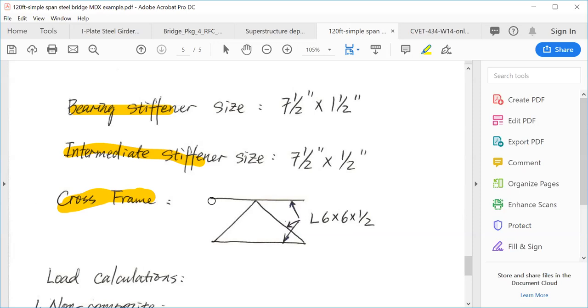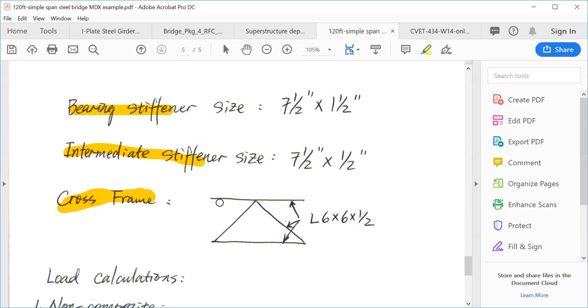In order to do that, this intermediate stiffener provides something like a gusset plate for the connection. So that's why the intermediate stiffener and cross frame need to have the same spacing and the same location. This stiffener is used as a gusset plate to connect the cross frame to the steel girder.